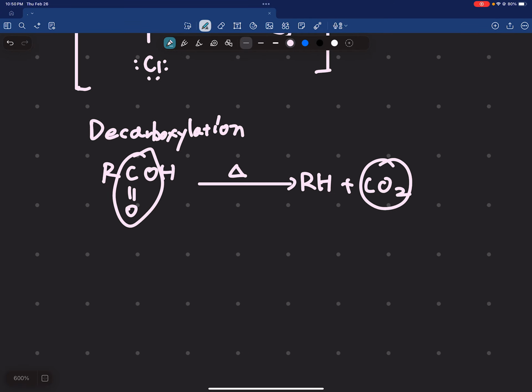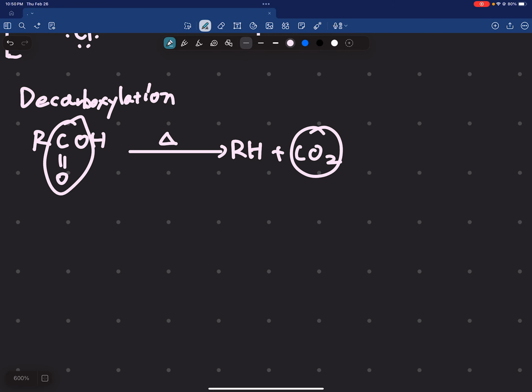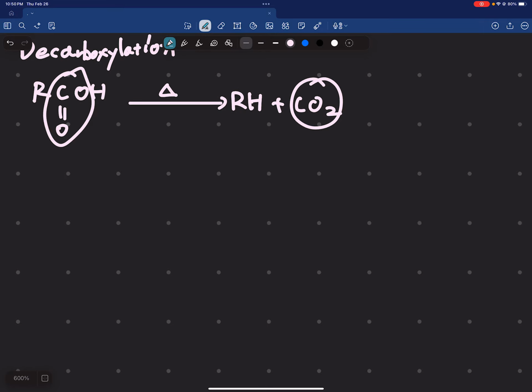And typically they are quite resistant to moderate heats and will melt or even boil without decarboxylation. But there are some exceptions, such as carboxylic acids that have a carbonyl group beta to the carboxyl group. They will undergo decarboxylation very readily on mild heating.